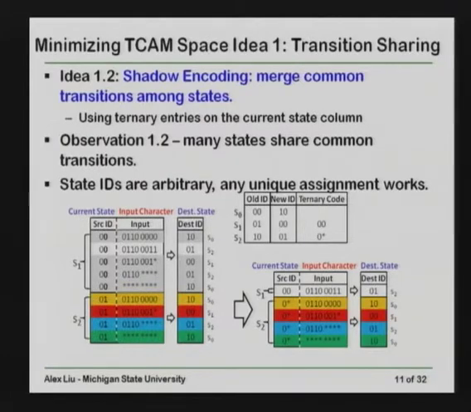This lookup key will not match the first entry in S1 after we remove these entries, but it will match the first entry in the S2 table, because 0 star will match 00 also. So the destination ID will still be 10. So basically, we want another table to take care of the lookup for the tables above it, by changing the source ID field to be ternary.